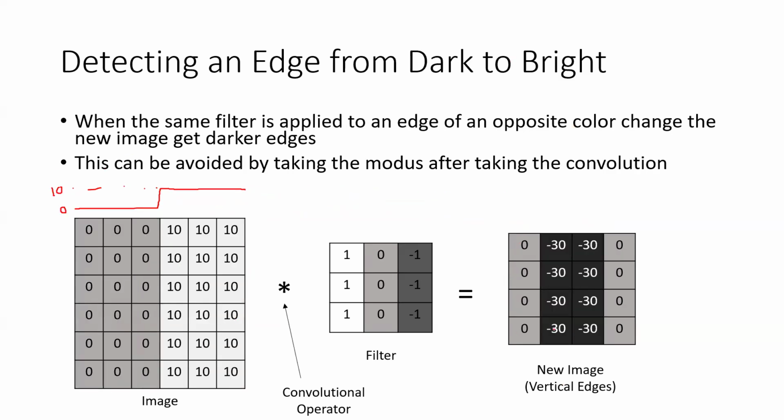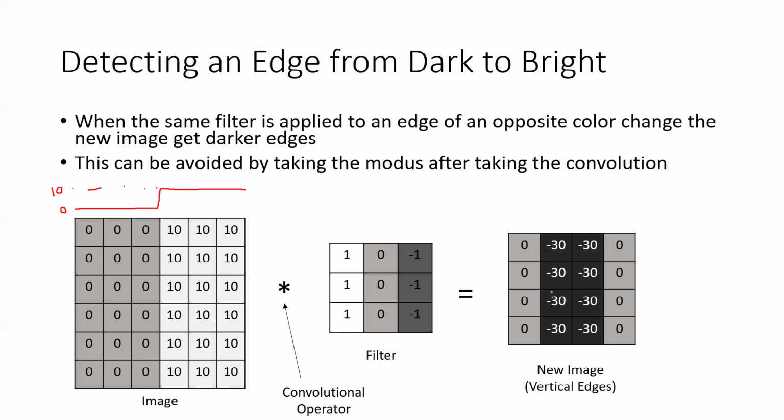In the new vertical edge image, it is a very dark black output, which has the minus 30 value, right? So this can be a problem when you are trying to detect edges when the color change is different for different directions, right?